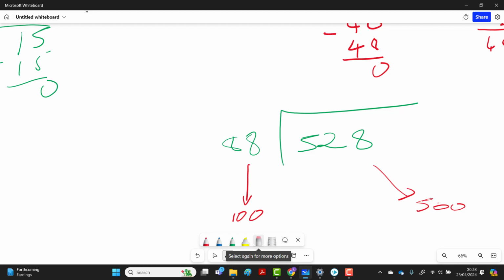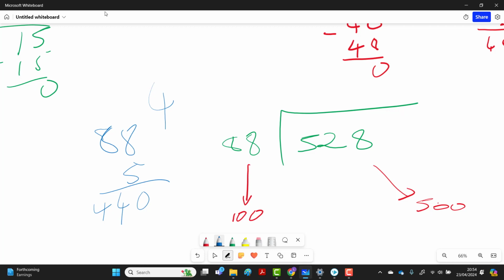So how many hundreds go into 500? You know it's 5. So that's what you can try as your guesstimate. So you do 88 times 5. 8 times 5 is 40, and add the one, so 440.